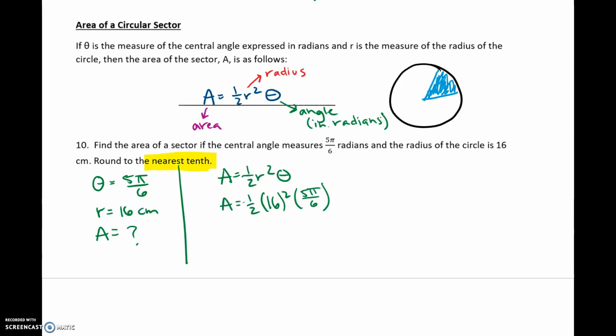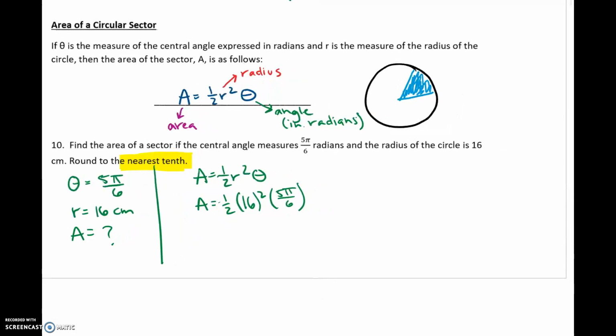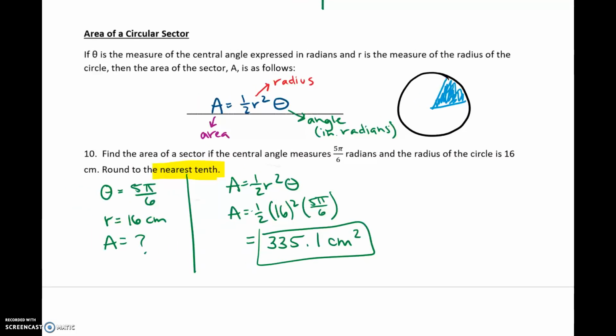So again, that's telling me I can type all of this in my calculator. So I'm going to give you a second to type that in your calculator. When you type it in, if we round to the nearest tenth, we should be getting approximately 335.1 centimeters squared. That's my final answer.